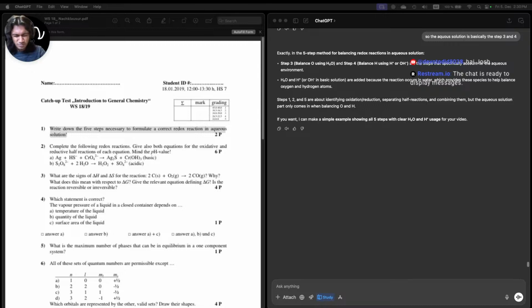Okay, so step one, separate the oxidation half and reduction half reactions. Step two, what was step two? Separate the reaction.